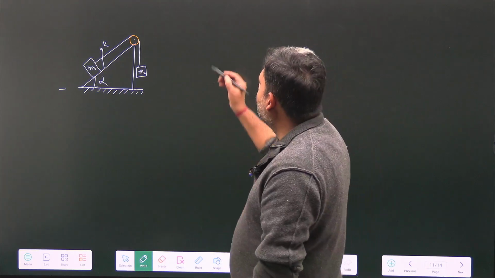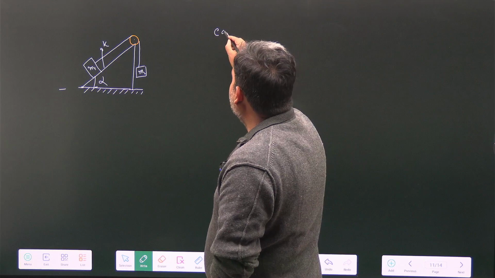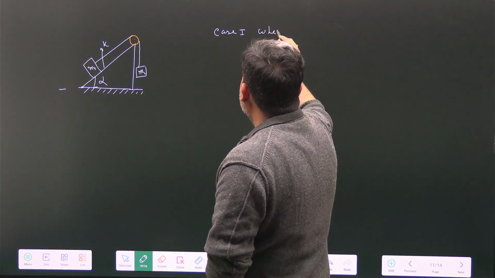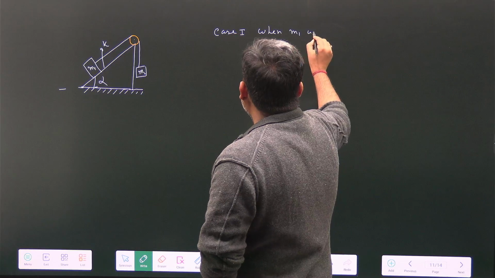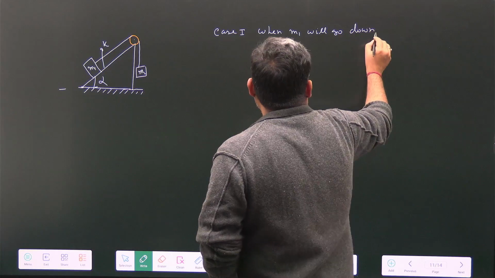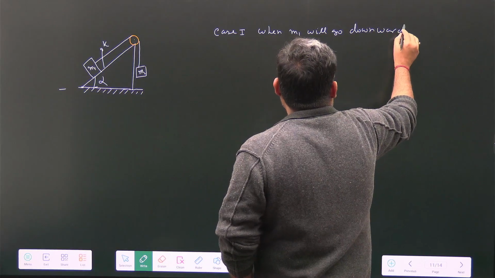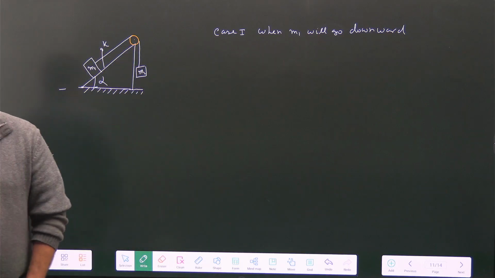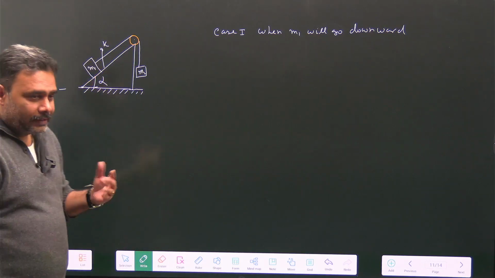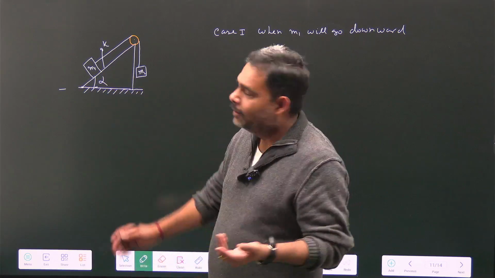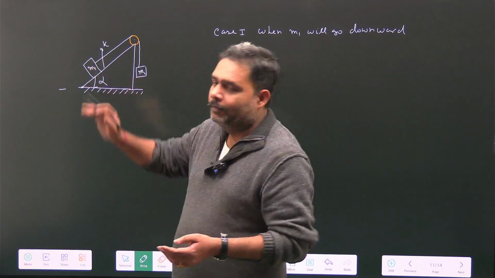So we will just go for case one. When m1 will go downward, then obviously friction will be adjusted such that it will oppose the relative motion between this particular wedge and mass.